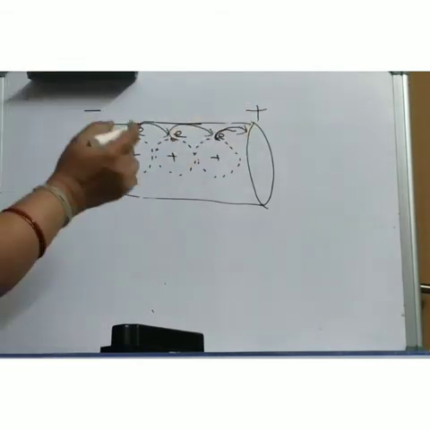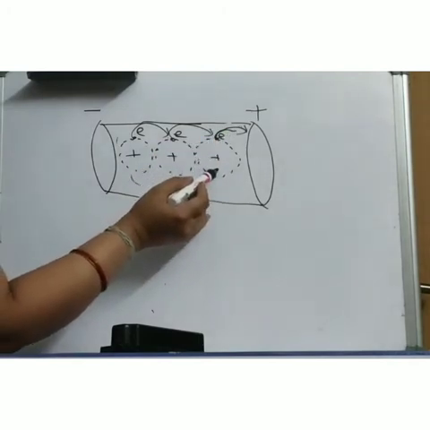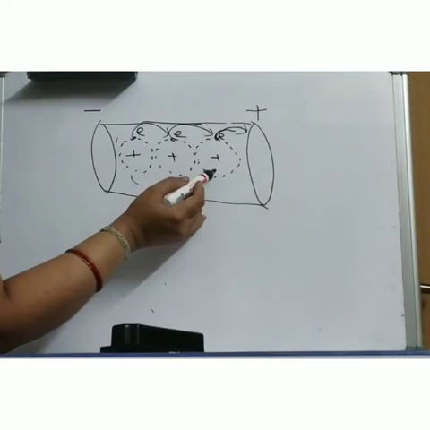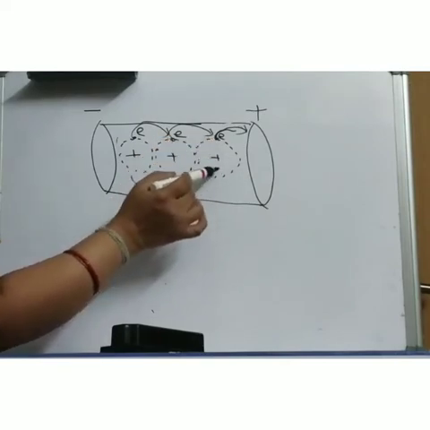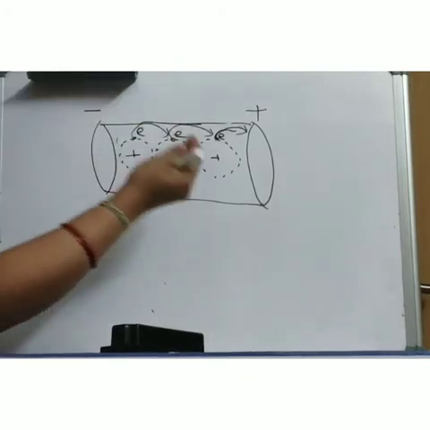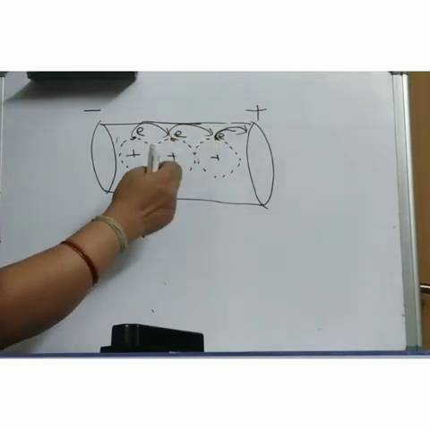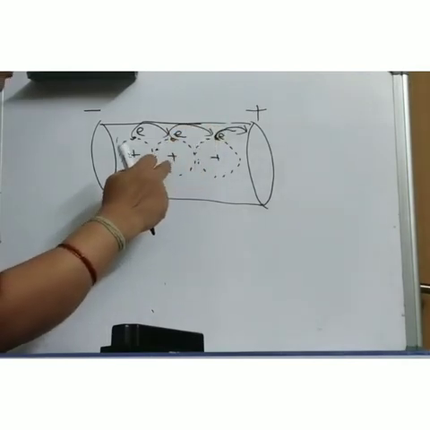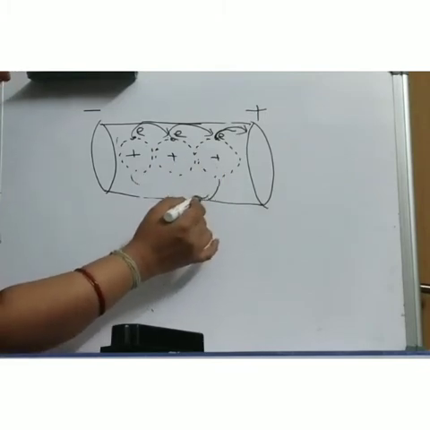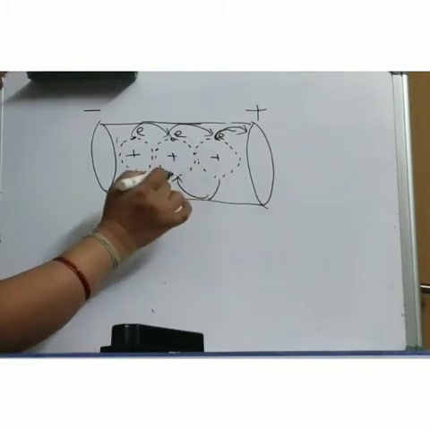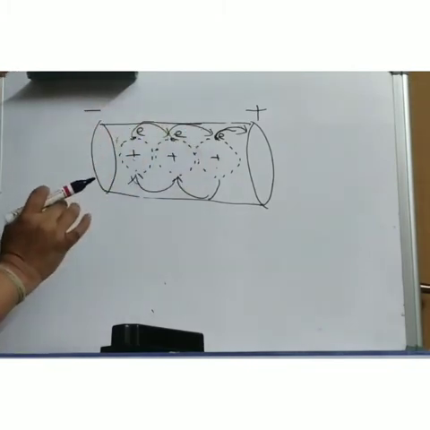Actually what is happening is, when electrons go from this atom, this atom becomes positively charged since an electron is lost from this atom. Now first this atom became positive, now this one becomes positive, now this one becomes positive, since the electron is going from this place to this place.